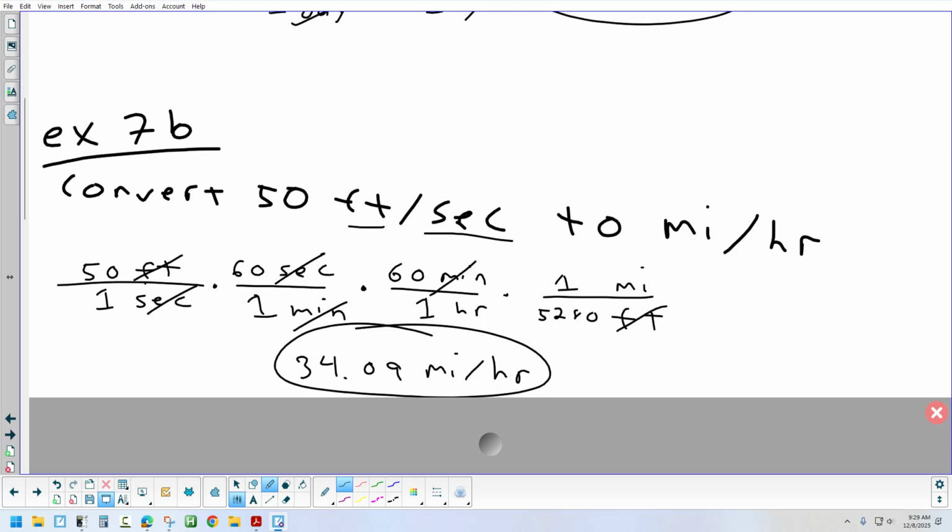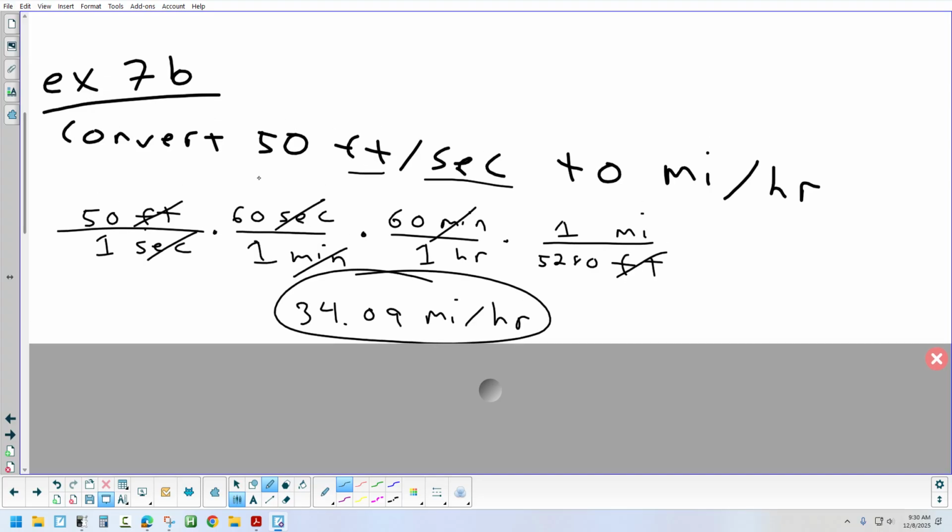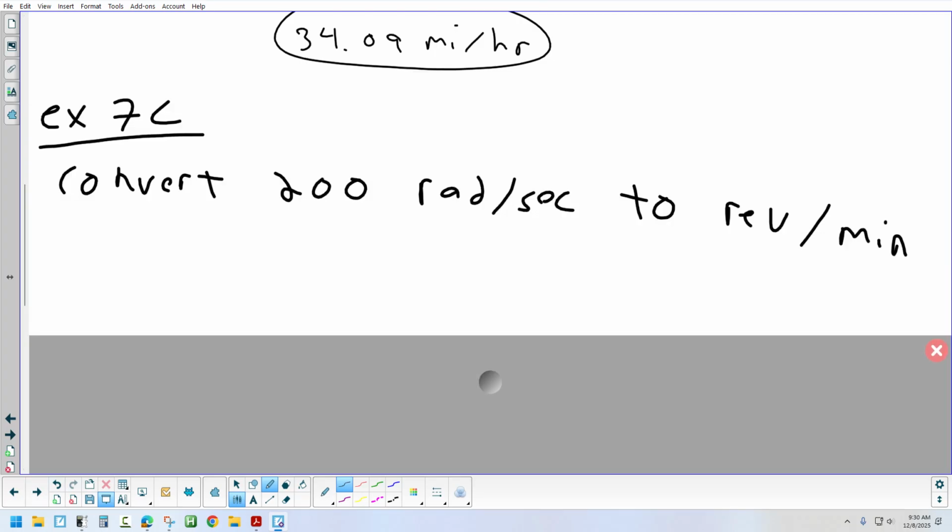Okay, any question on that? So let's try another one of those. But this time, this was a linear speed to a linear speed. Right? Feet measures straight distance, miles measures straight distance. So linear to linear. This is angular to angular. Radians measures something angular, and revolutions can also be used to measure something that's rotating.